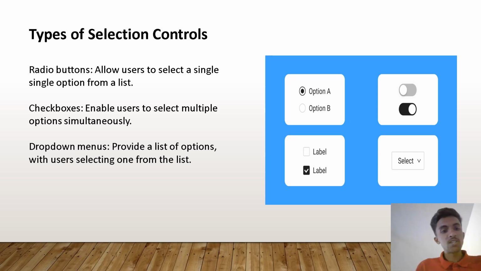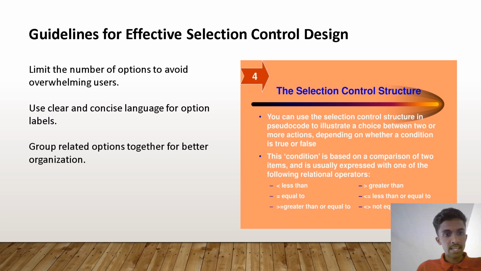I hope you understood. Let's see the next one, guidelines for effective selection control. Limit the number of options to avoid overwhelming users. Use clear and concise language for option labels. Group related options together for better organization.